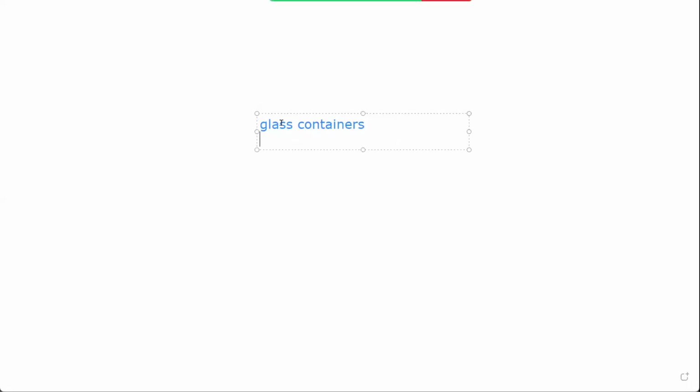There are four types of glass container: type 1, type 2, type 3, type 4. What is the name of the type 1 glass? Now you have to answer all my questions, guys. It is a rapid revision of the glass containers. Come on, guys. Type 1 glass is borosilicate glass.